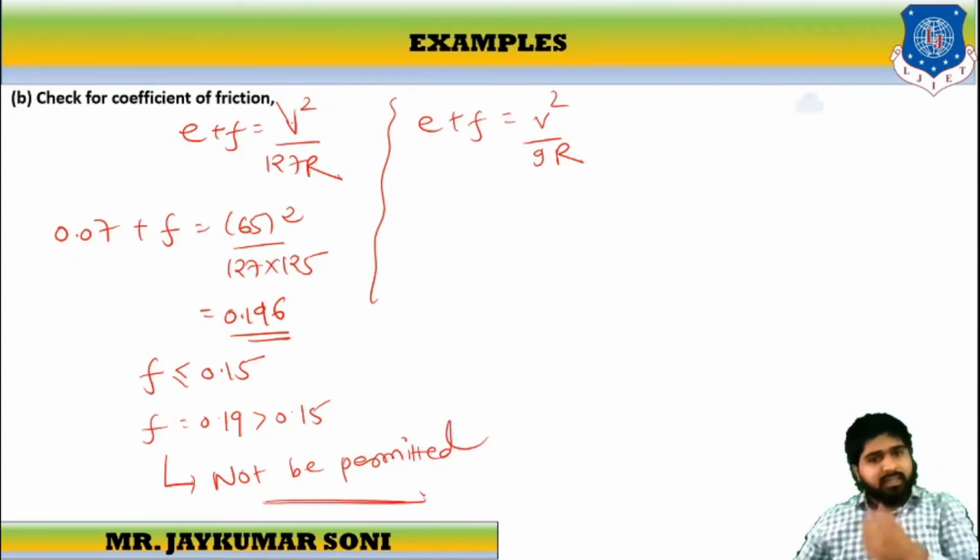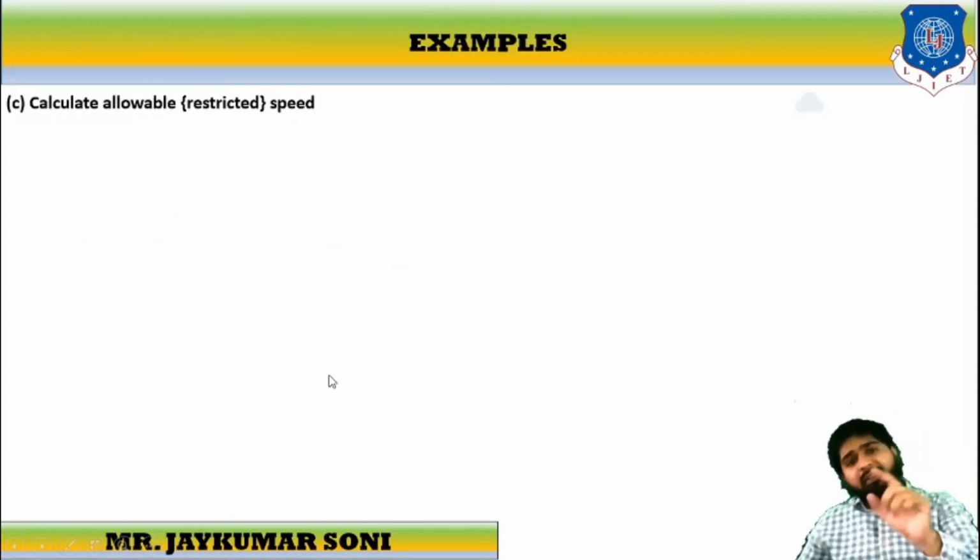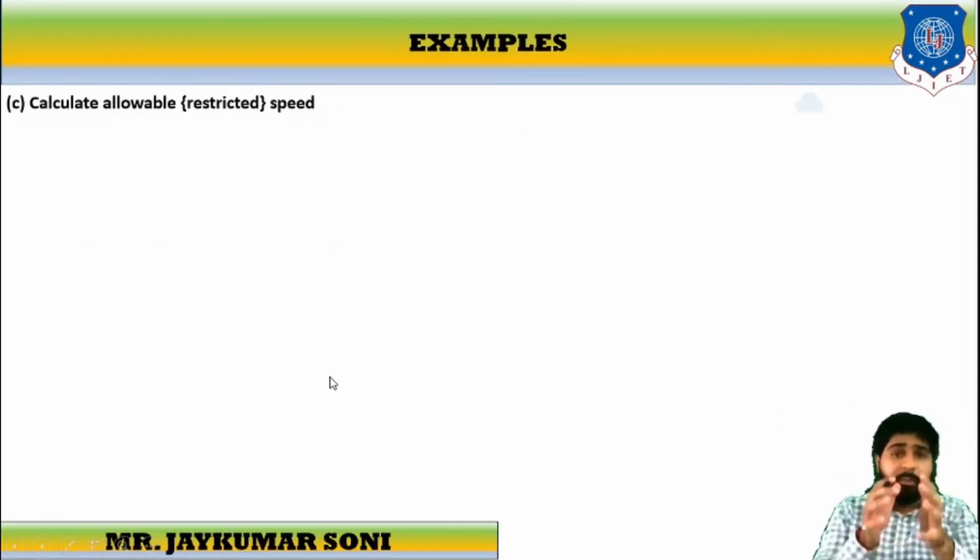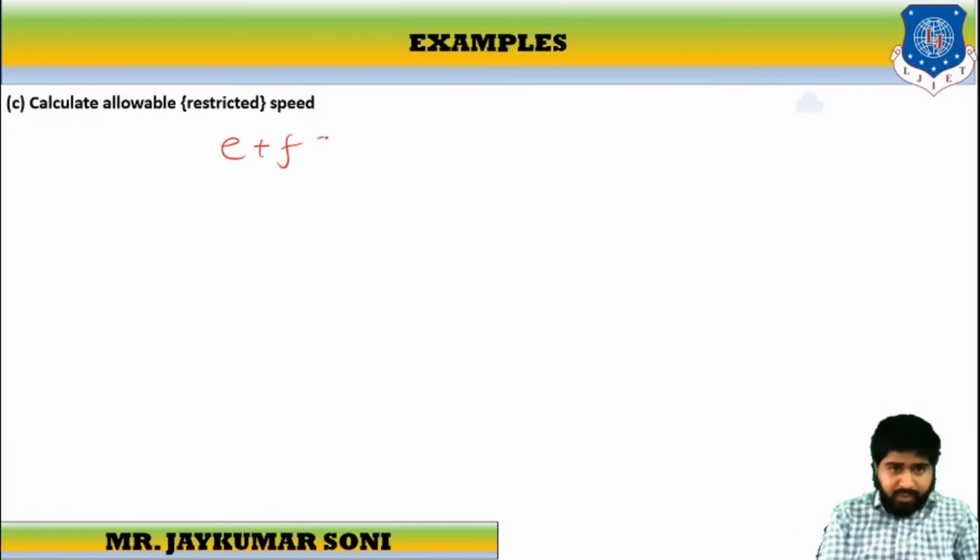Now we will move toward another section. We will calculate the allowable or restricted speed that we are supposed to calculate as per the example statement. E plus F is equal to V square by 127 R. We will put E as 0.07, F as 0.15.